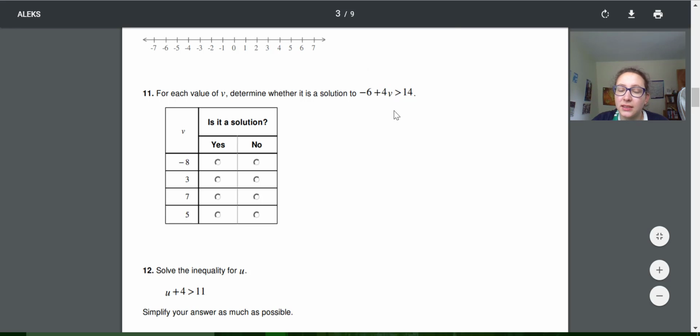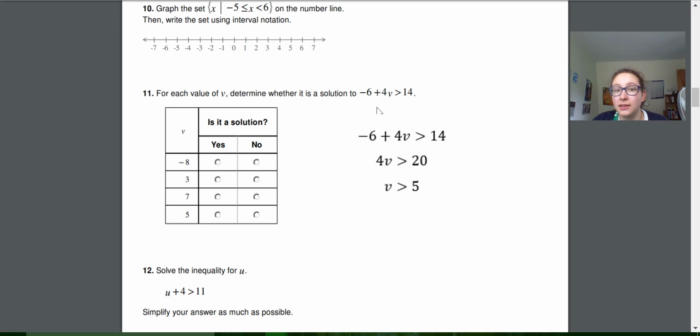The other way you could do this is to solve for v first. You want to get it alone on one side, so you could add 6 on both sides, and then divide by 4, and whatever value of v that gives you, you know that v has to be greater than that number. So if one of these numbers is not greater than the number that v has to be greater than, then you know it's not a solution. There's really two ways to do that problem.